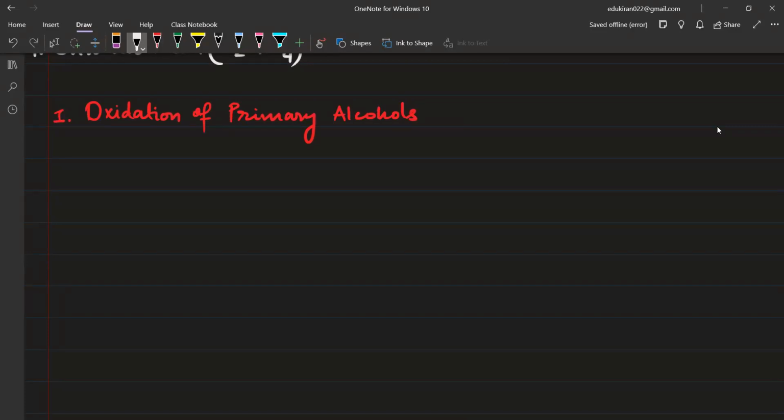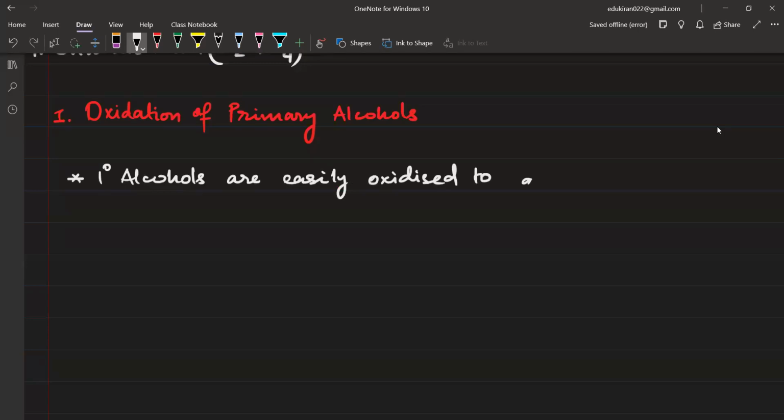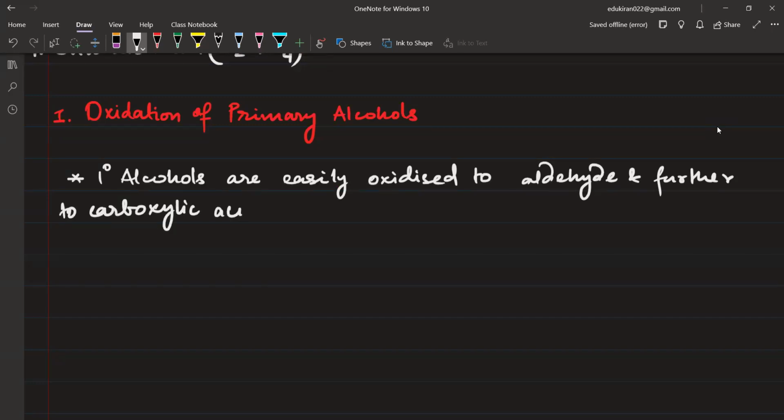One degree alcohols are easily oxidized to aldehyde and further to carboxylic acid in the presence of strong oxidizing agent.